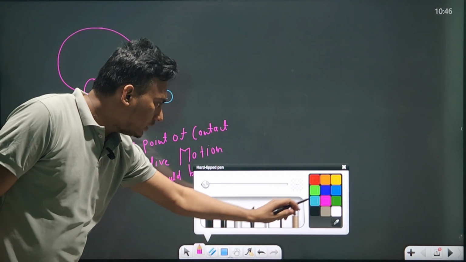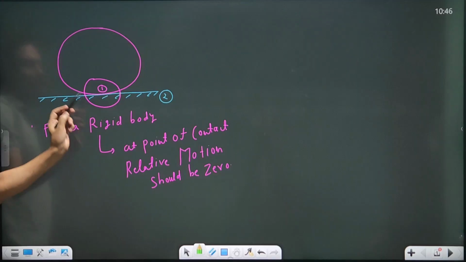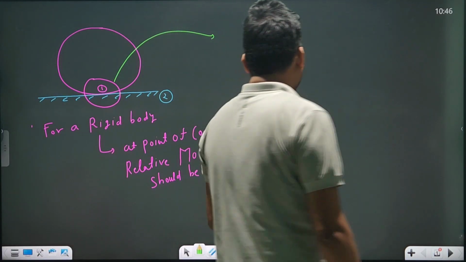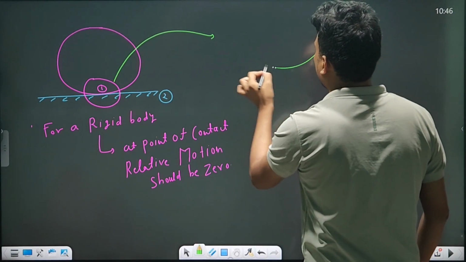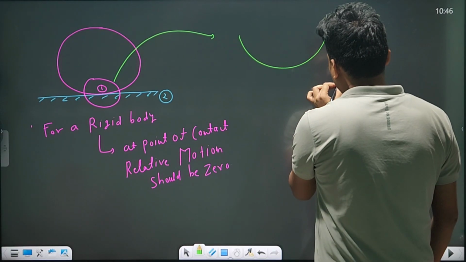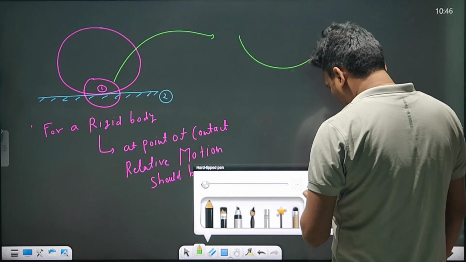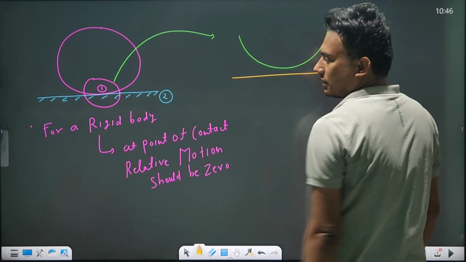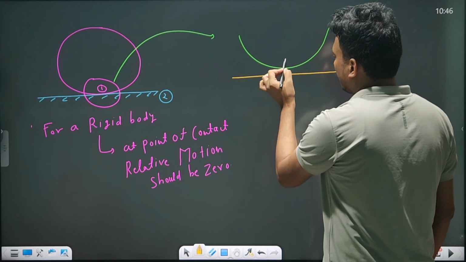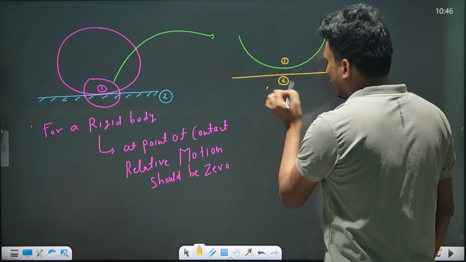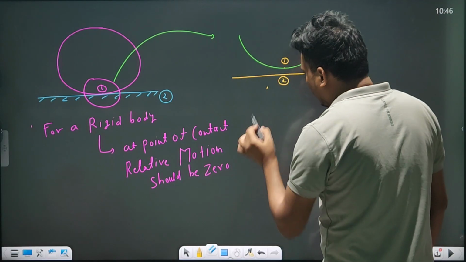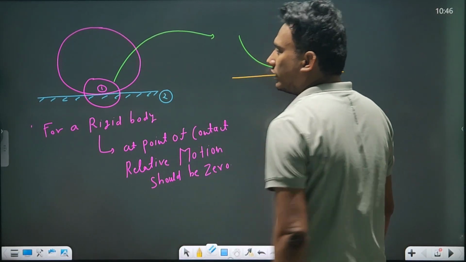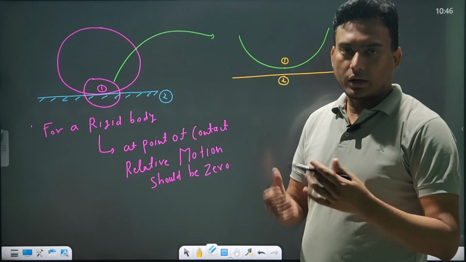So, my dear, look at the board. We see the mechanics of this part. If I zoom into this part, it looks like this. Point 1 is for the wheel, and I draw the platform with a different color. If we separate the contact point, this is point 1 and this is point 2. Because the platform is at rest, and the wheel is doing rolling motion, it has both linear and angular speed.